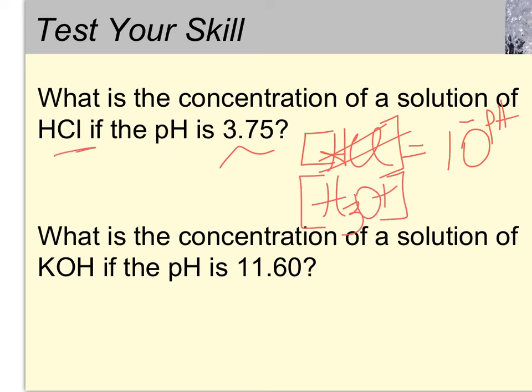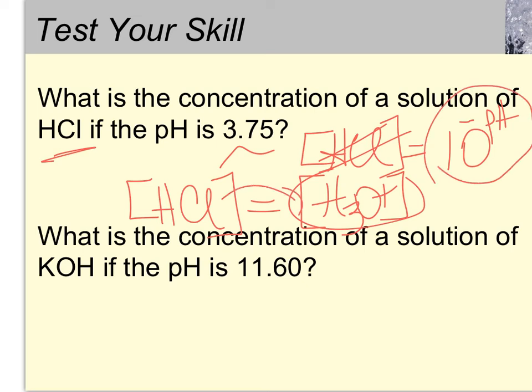But for strong acids and bases, because they 100% dissociate, these are equivalent. The concentration of the original acid will equal the concentration of hydronium ion because it all gets converted. And we find that by 10 to the minus pH. So for this problem, it'd be 10 raised to minus 3.75.